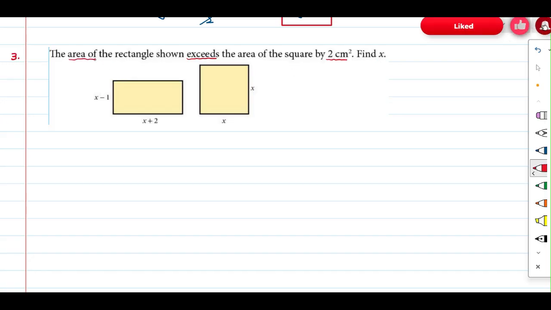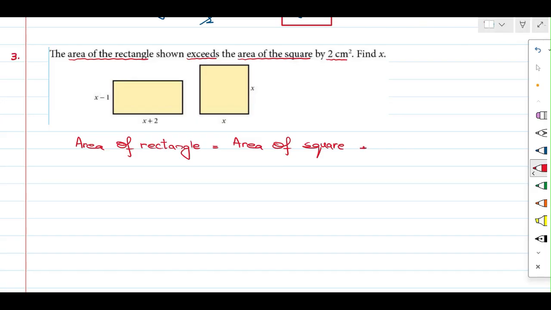We know the area of a rectangle is length times width, and the area of a square is side times side, or side squared. So the area of the rectangle shown exceeds the area of the square by 2 square centimeters, right?